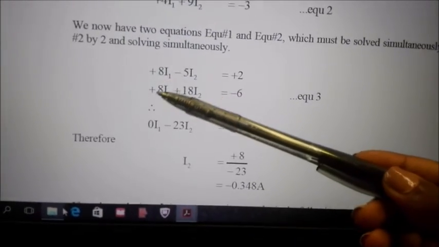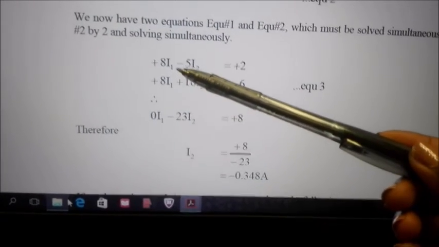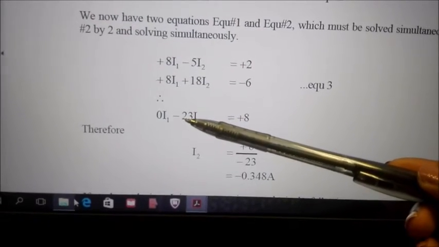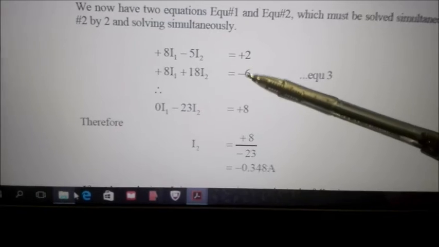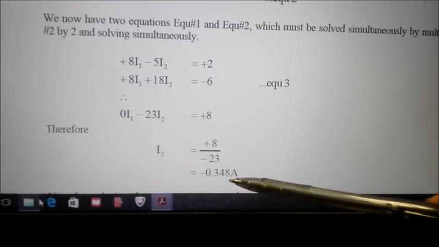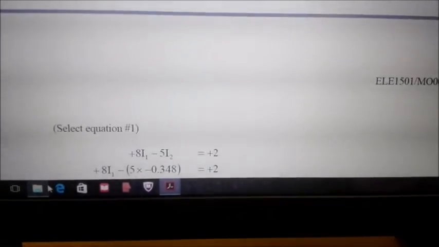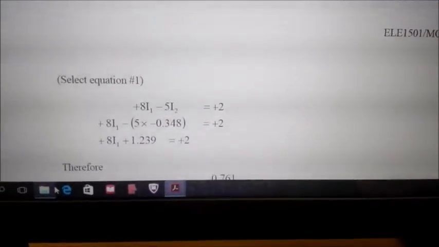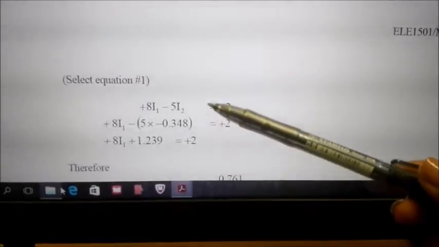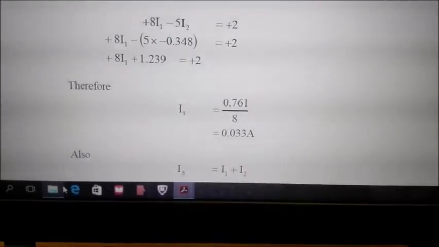So if you say I1 minus I2, in this case it will be 8 minus 8, then you'll be left with minus 5 minus 18, which is going to be minus 23 I2, and this will give you a positive 8. Then you can solve for I2, and thereafter we can substitute that into, let's say, equation 1, and solve for I1, and I1 is seen as 0.033 amperes.